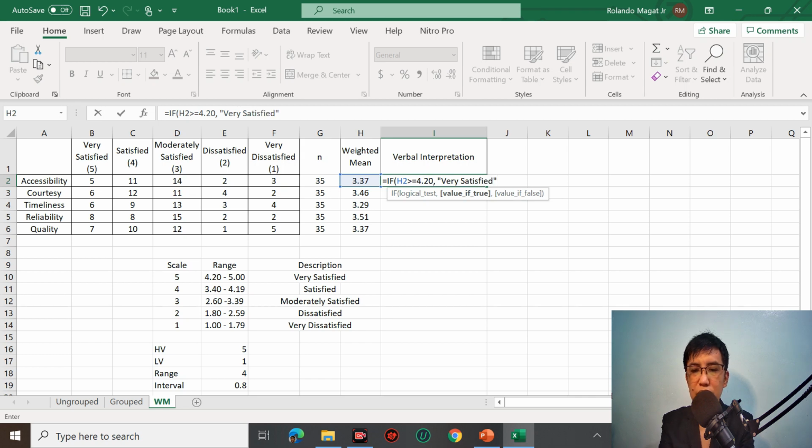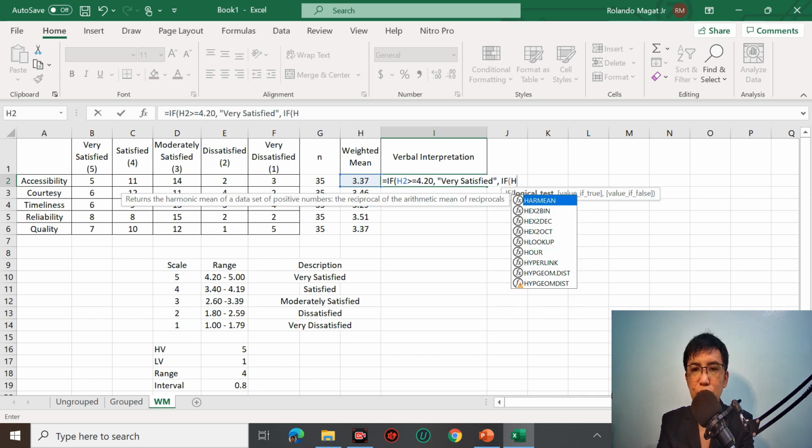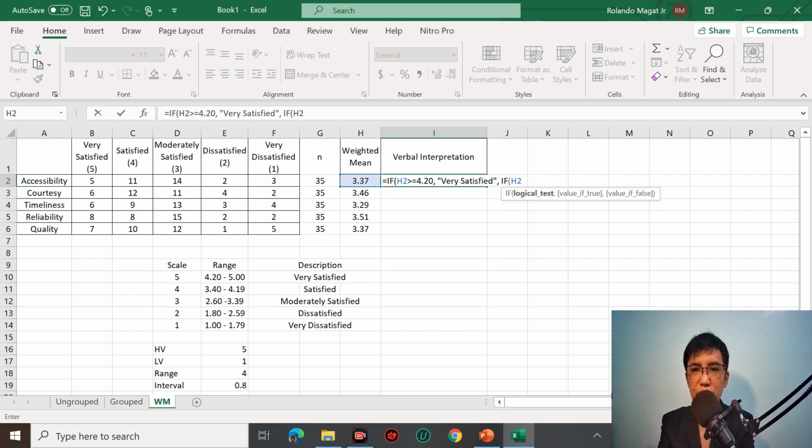Close parenthesis, then comma, then type nyo tayo IF, open parenthesis, H2 ulit. Okay? That is greater than or equal to 3.40 naman tayo. So, 3.40. If it's true, then it is satisfied. Satisfied. Okay? Close quotation mark, comma.